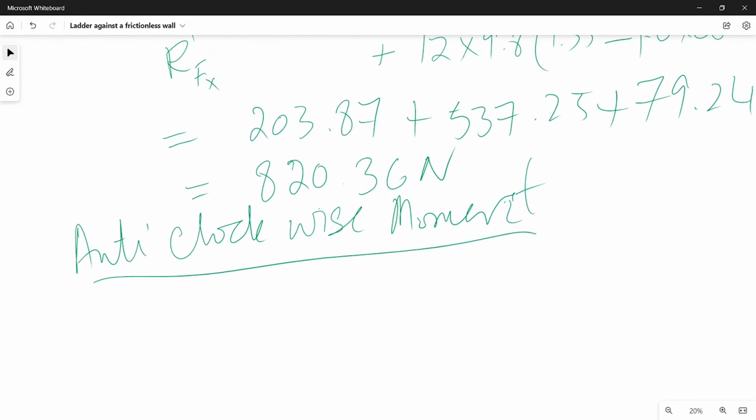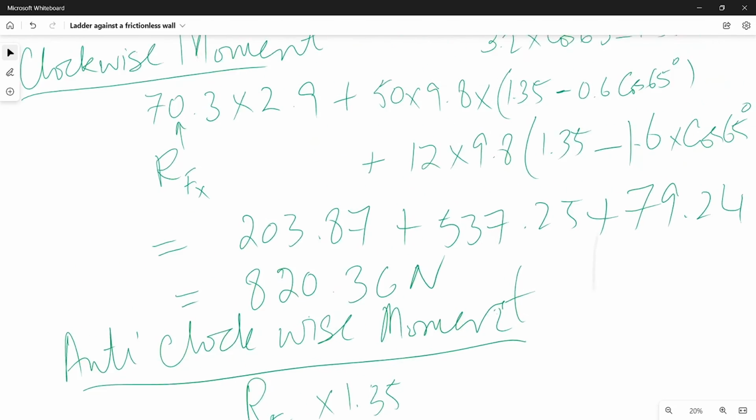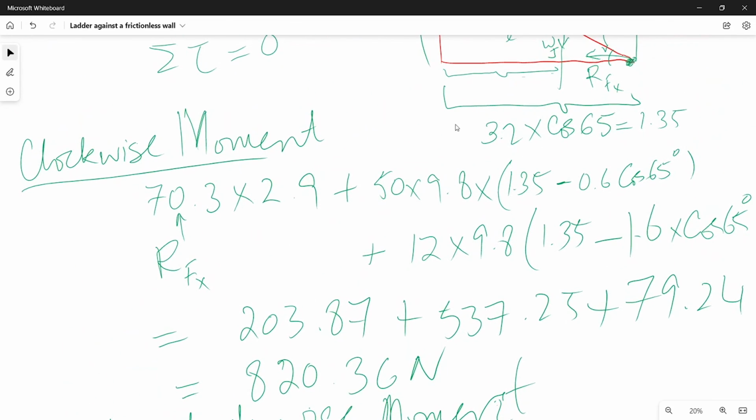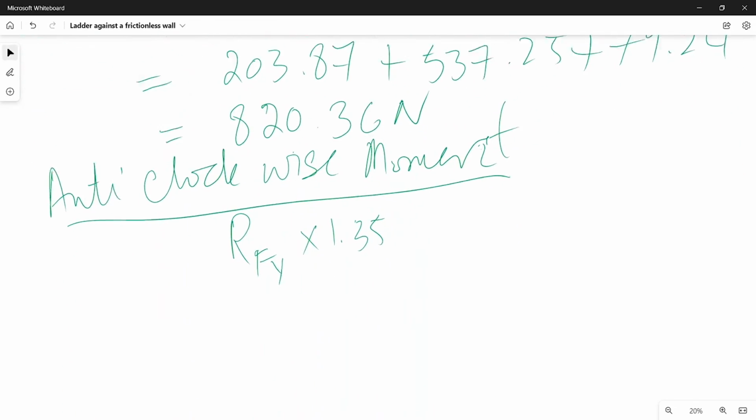So that is RFY times 1.35, because 1.35 is the distance between the point of application of this reaction force and the pivot. And this is the perpendicular distance.